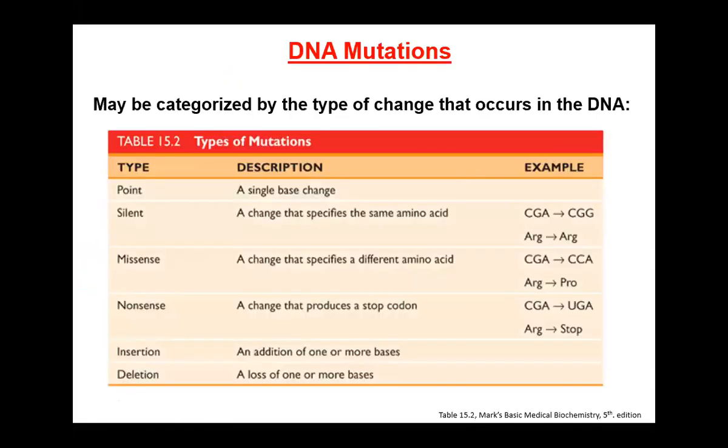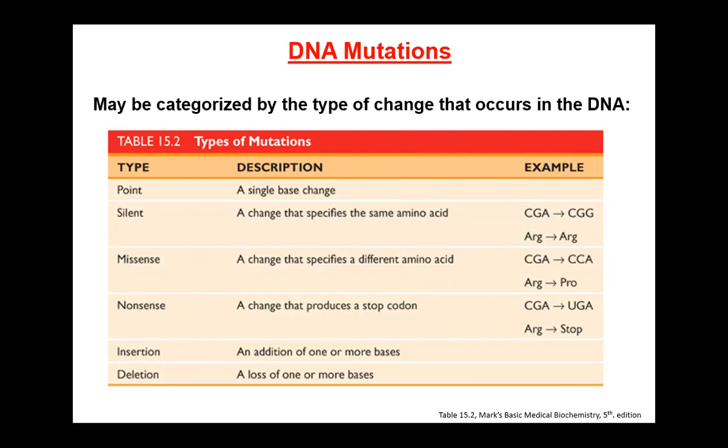When we look at DNA mutations, first of all, a DNA mutation is going to be any change that occurs in the sequence of DNA. Okay, so a mutation, again, any change that occurs in the sequence of DNA.